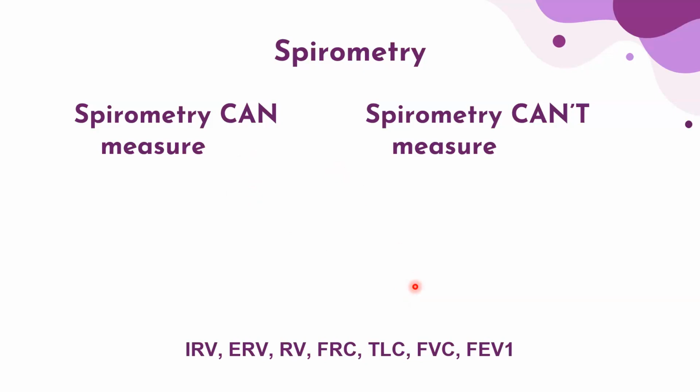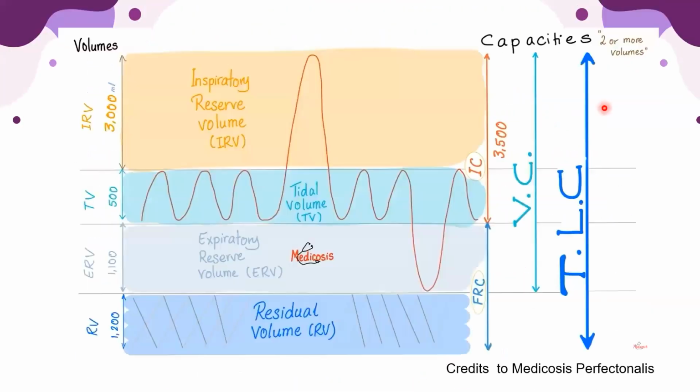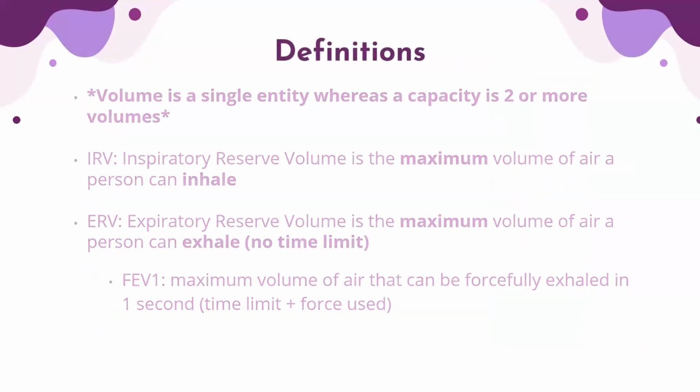You can't measure total lung capacity because, like I talked about when I showed you the graphs, total lung capacity involves all of the volumes. Here, this is total lung capacity, and you can see it includes residual volume. So you can't measure total lung capacity via a spirometer.